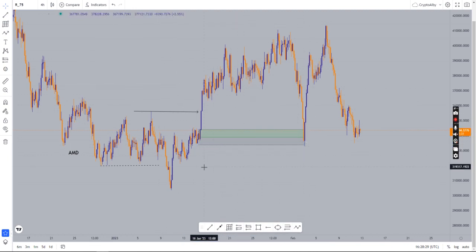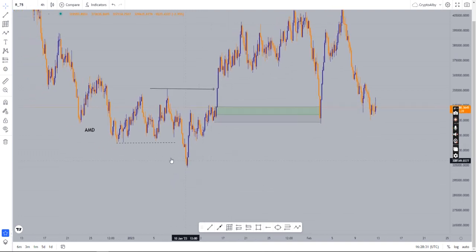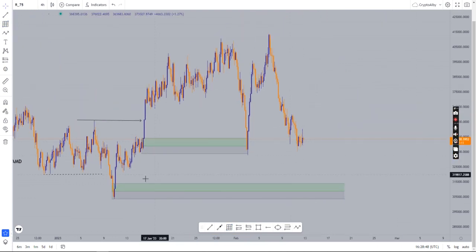But if you look at the chart very well, this demand zone, this order block, has not yet been filled, and it has a very nice imbalance here. I would really love to see price coming back down to fill this imbalance and tap into this zone.